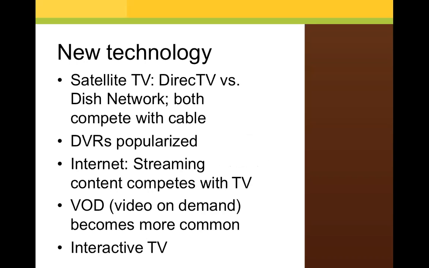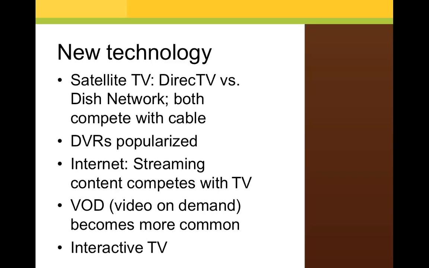Satellite TV, DirecTV versus Dish Network, are the two big ones now in the DBS service. Both of those compete with a local market area cable system. DVR, popularized in recent years, kind of made the VCR obsolete. The internet with streaming content is competing with all these services now.